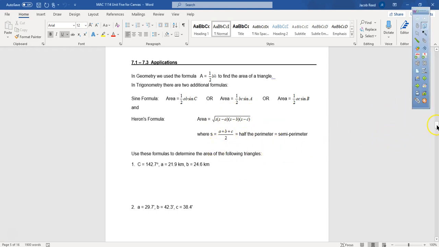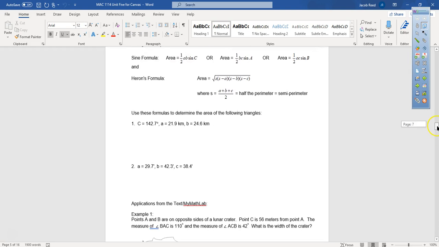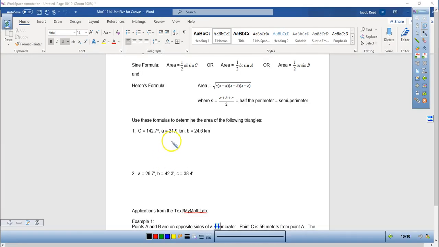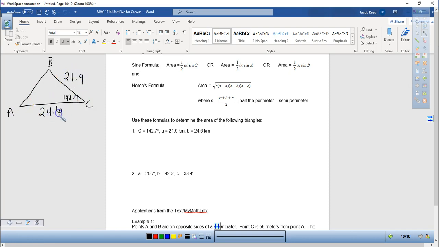Okay, so application problem number 1. We've got an angle. I'm going to draw a picture. Always draw a picture. I don't know how many times I have to stress this, but I always draw me a picture. It just makes sense. When you're doing trig with triangles, solving these triangles like this, or doing any application, it's good to have a picture. 21.9 and then 24.6.